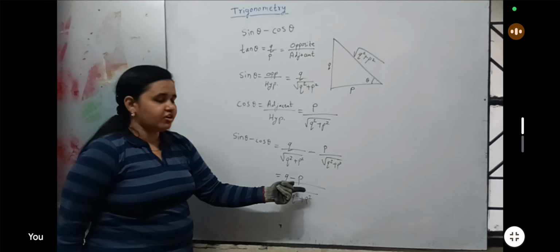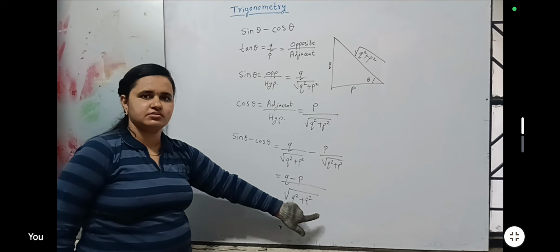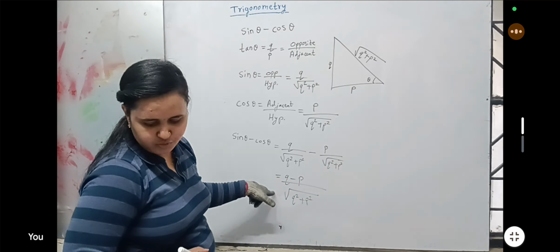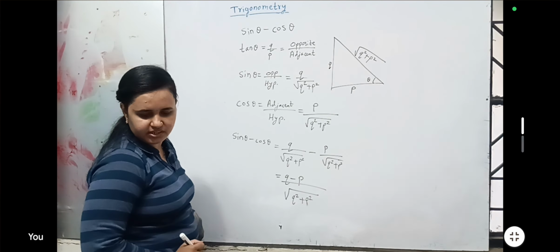So what we have got? q minus p upon under root q square plus p square. Okay, so the option is the third one, q minus p upon under root q square plus p square. Okay.